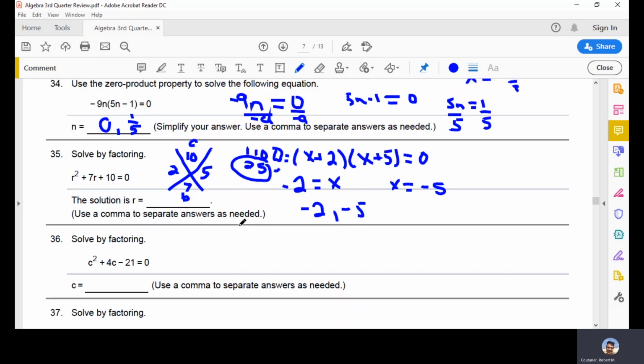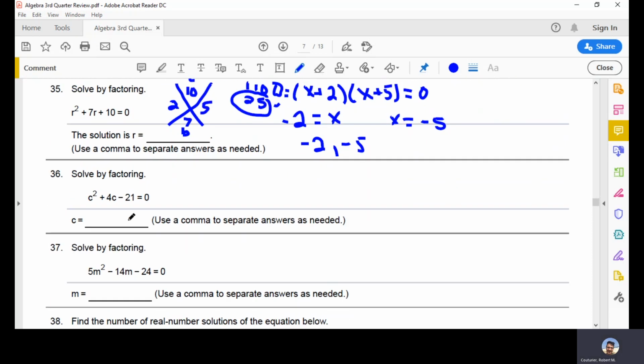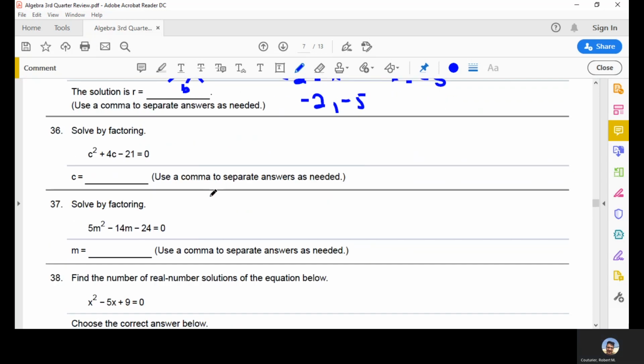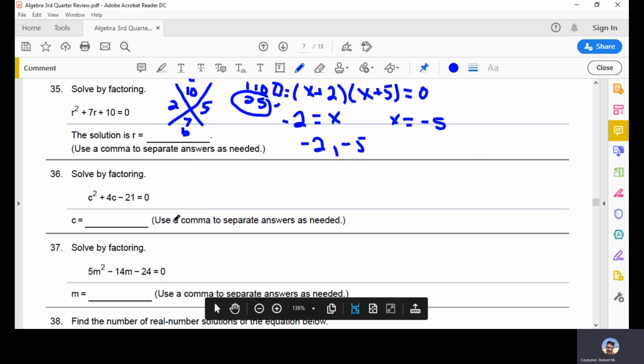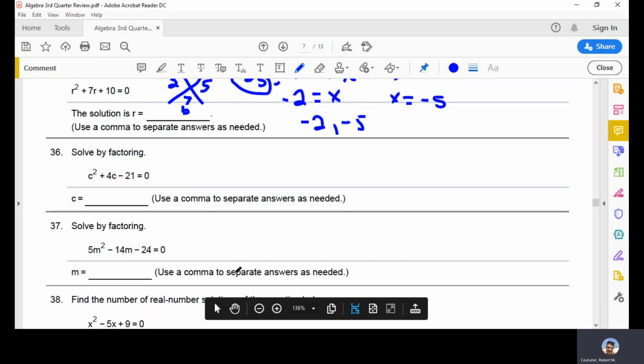Easy peasy. Same thing here, guys. It's another one. They're keeping it simple on us. We're going to look at this. This is done exactly like the one up here, and I'm going to do 27 while we're still in this factoring mode. Notice that A in this one is not 1. So we do have that method that is just a little bit longer.